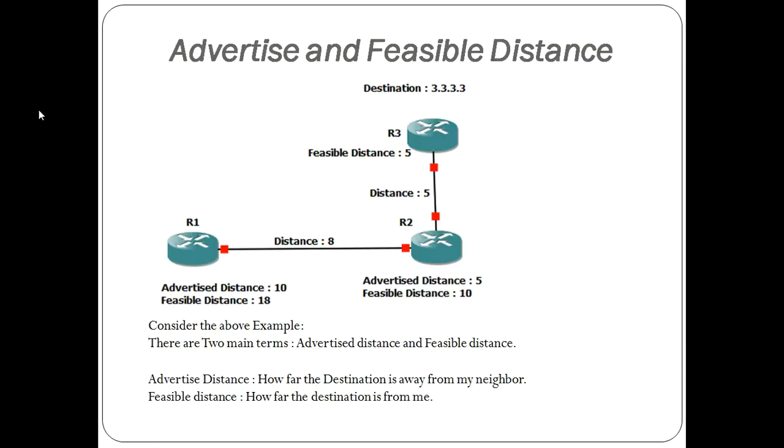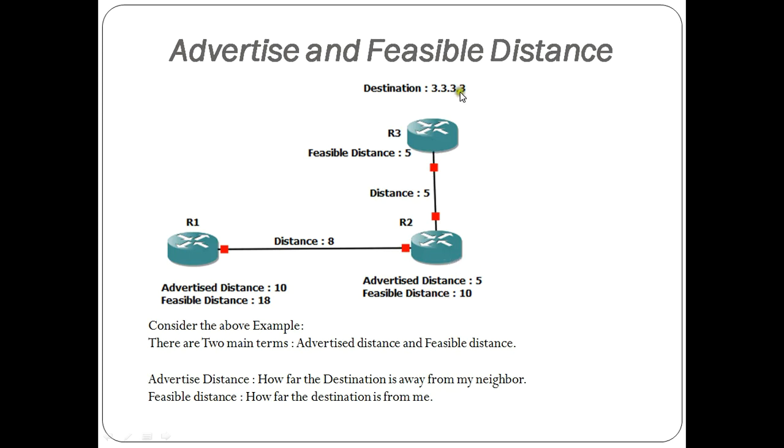Next is the advertised and feasible distance. Let's consider this scenario. Here is destination 3.3.3.3. Let's consider this router R3. It has to reach that destination 3.3.3.3 and it has a feasible distance of 5. Now look at router R2.